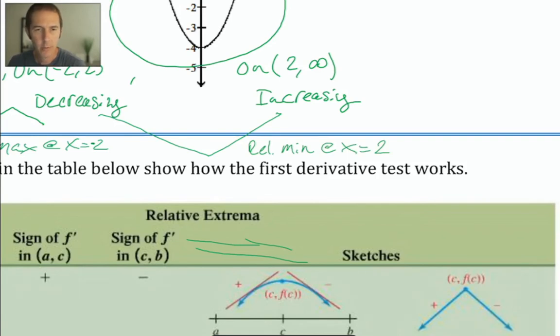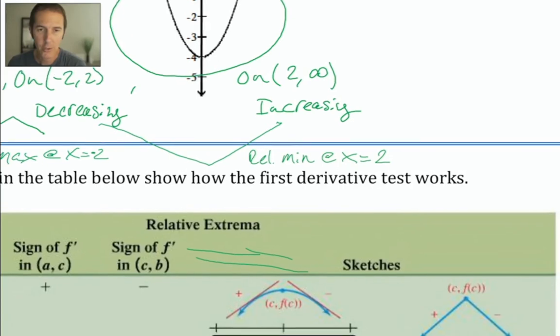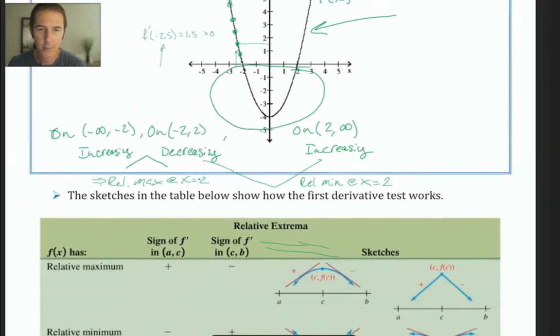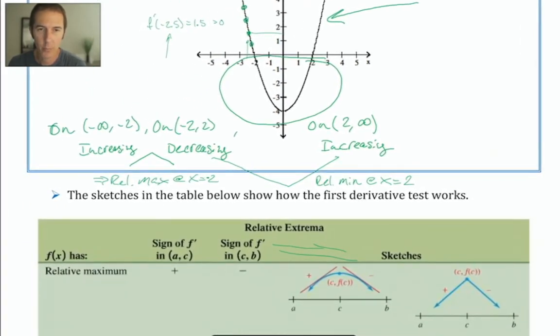So we found our critical values just by looking at changes in the first derivative. Where our first derivative went from positive to negative, we had a relative max, and where it went from negative to positive, we had a relative minimum.